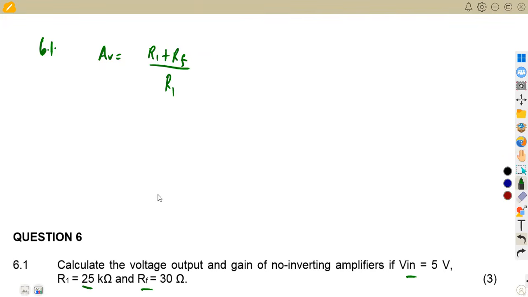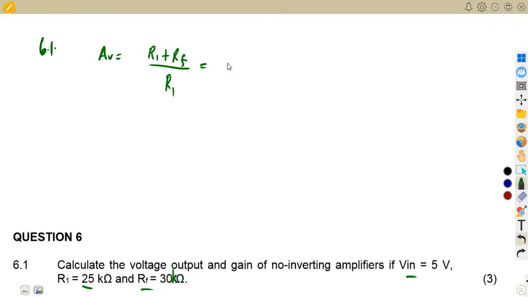We are going to add these two, where R1 is 25 kilo ohms. This is supposed to be in the same units, guys. We are supposed to have these values in the same units. So it's just a typing mistake, or maybe when I was editing this part I removed it by mistake. It's kilo ohms there, not 30 ohms, which is too small compared to 25 kilo ohms. So these are kilo ohms, all of them.